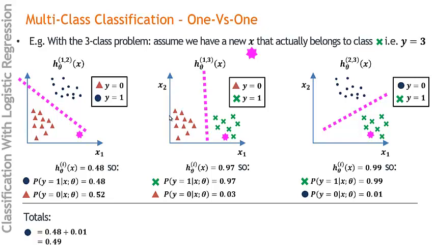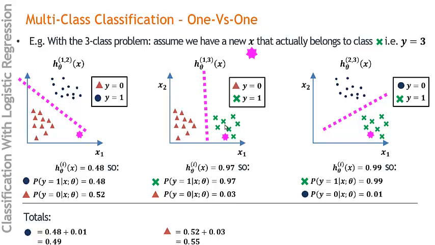Now clearly I can do the same thing with the triangle class and the X class. For the triangle class, you can see that in this case, the probability of determination was 0.52. In this case, the probability of determination was 0.03. So my total, or you could call this my score, is 0.55.